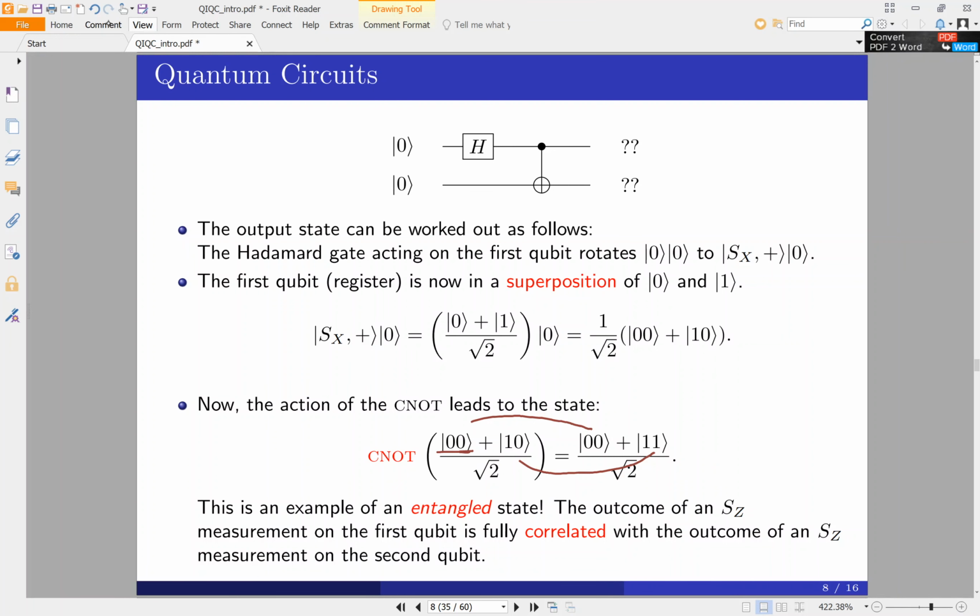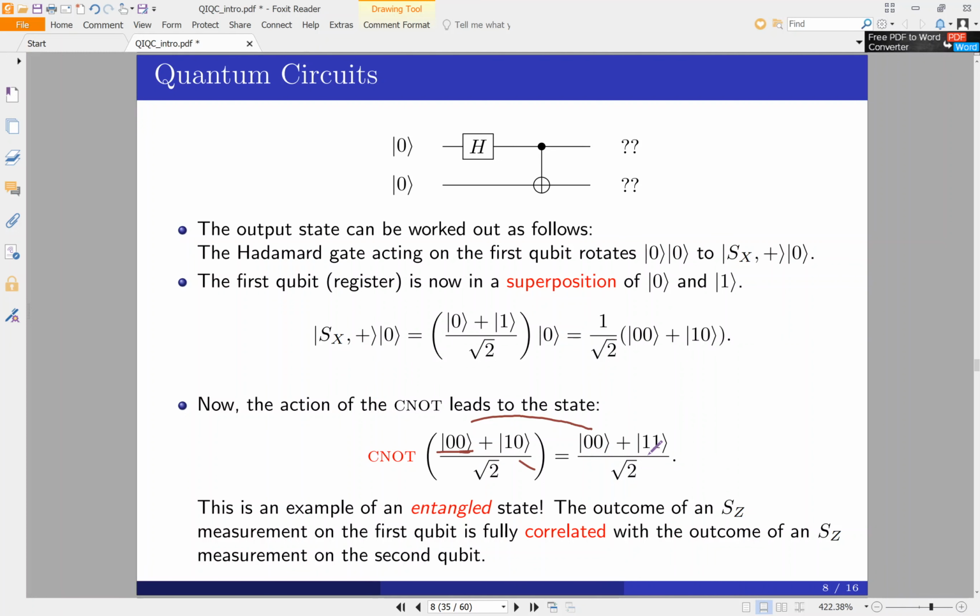Why is this an entangled state? Because this is now a state which has some correlations, right? And how do we understand this correlation? Basically, if you look at the two vectors in this superposition, they are of the form 0, 0 and 1, 1, which means if I do a sigma z measurement on the first qubit and I get an outcome 0, I have to get an outcome 0 if I measure sigma z on the second qubit as well.